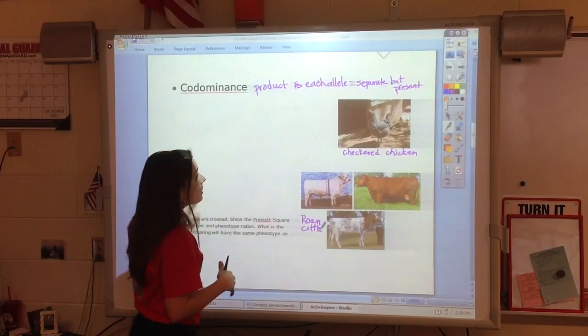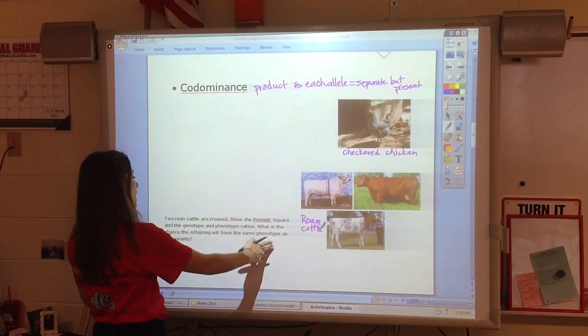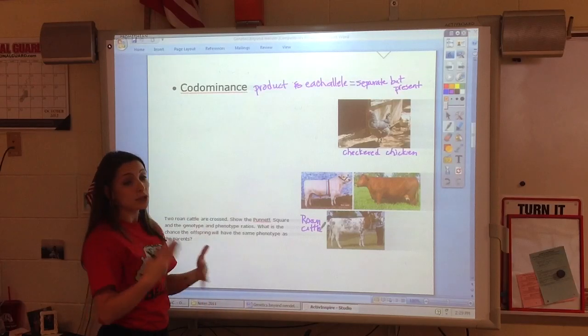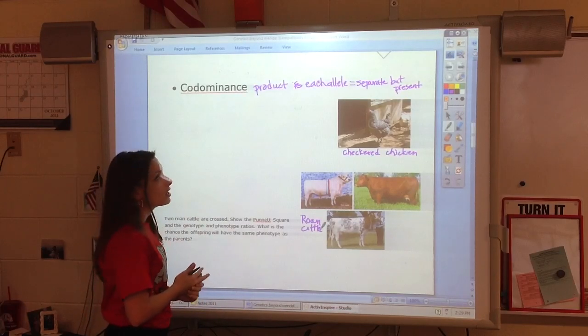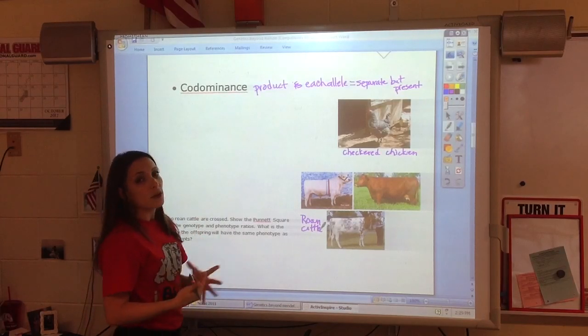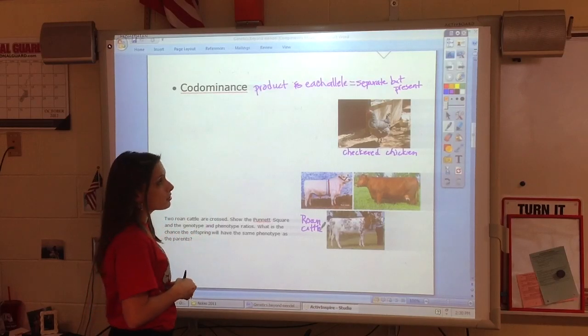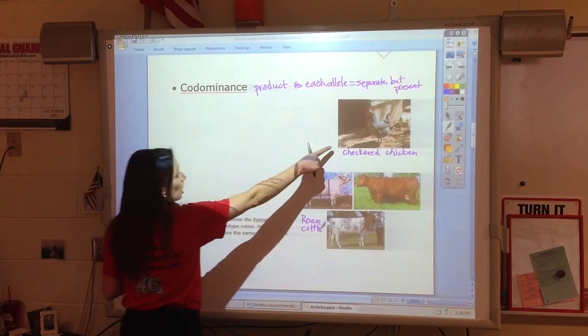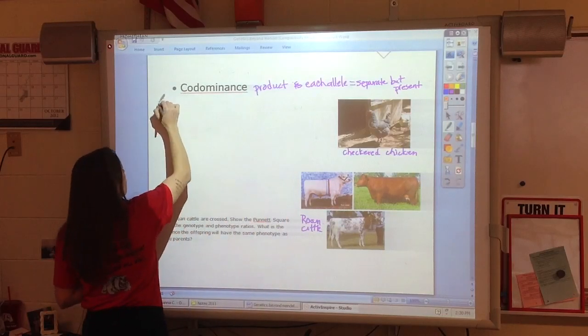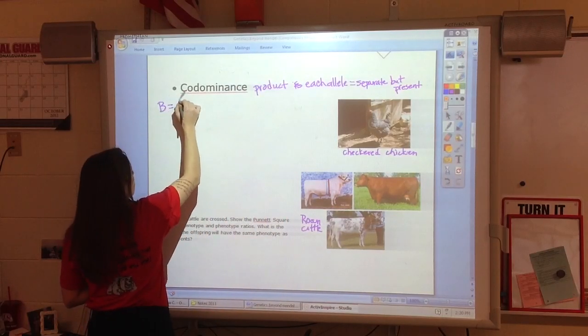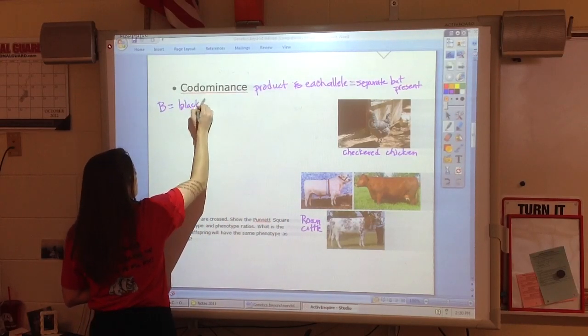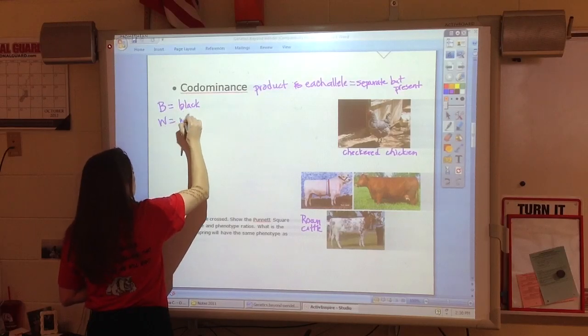But again, what we need to do is be able to look at a problem and then be able to make some predictions. They would really need to give you information so that you are sure of the pattern of inheritance here. But let's use a checkered chicken problem. We would give a capital letter for one version and another capital letter for the other.